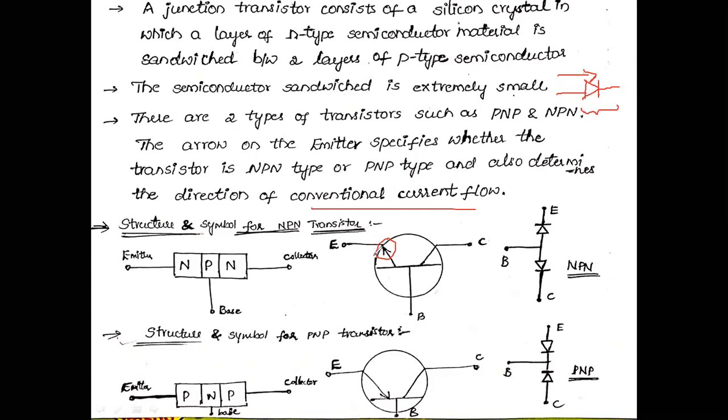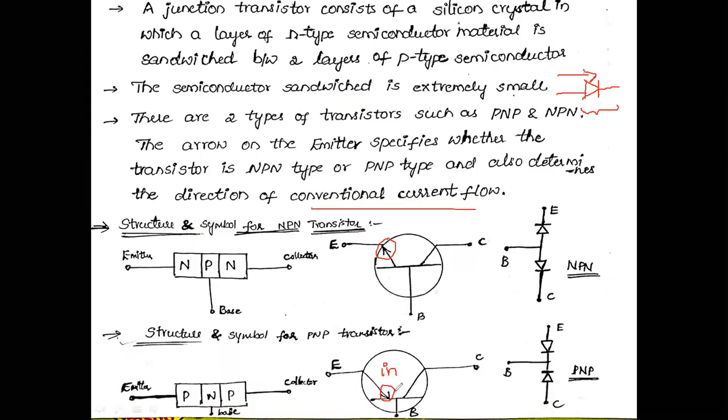This arrowhead represents whether the transistor is PNP or NPN. If the arrowhead goes inward into the transistor, I can treat the transistor as PNP type of transistor. In operation we will see in more detail why the arrowhead is indicated, how it is indicated and why.